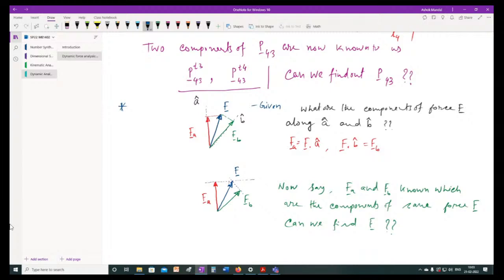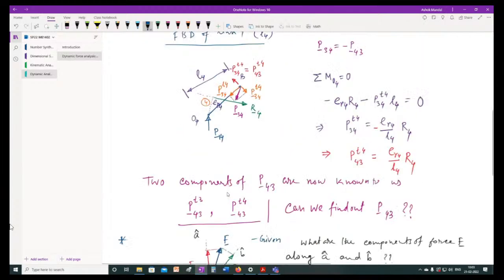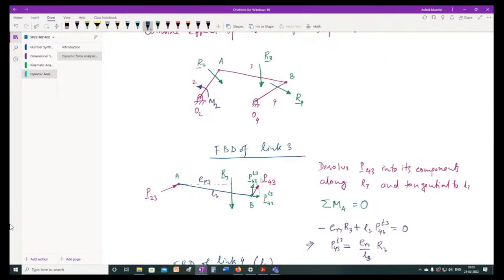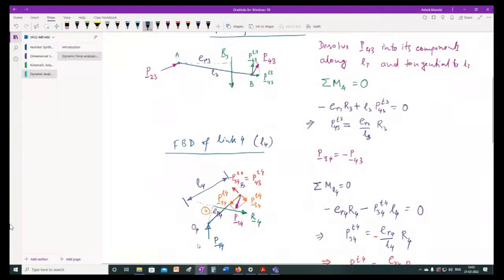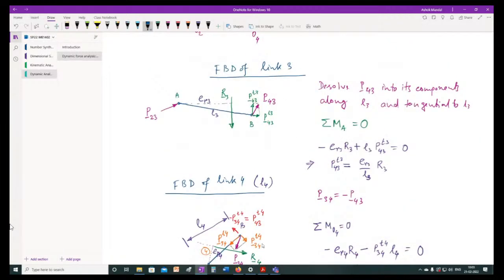Yes, sir. So now the question is, you see this joint force P43, its two components, P43 tangential to link 3 and P43 tangential to link 4, are known to us. And from that, we want to find out what is P43.